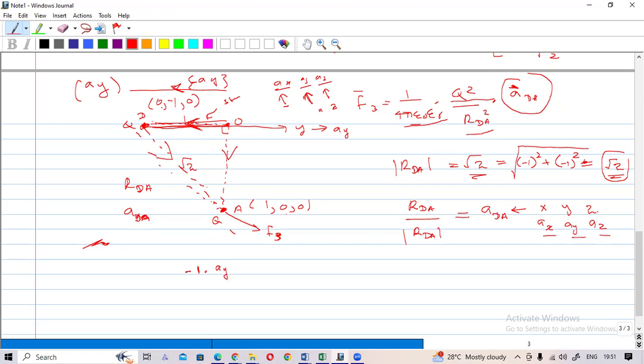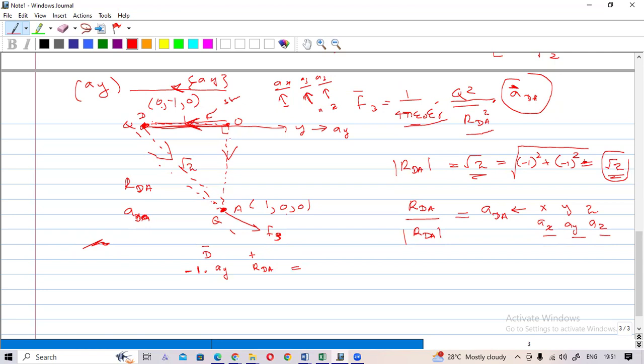So that vector is minus ay. This is vector d, plus vector rda, is equal to this vector.